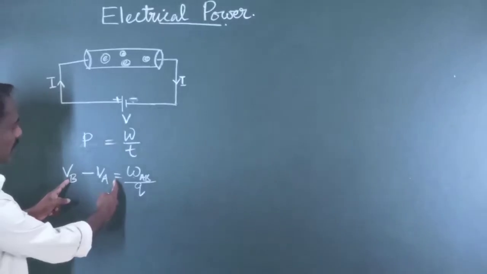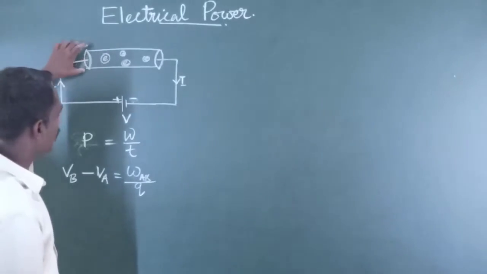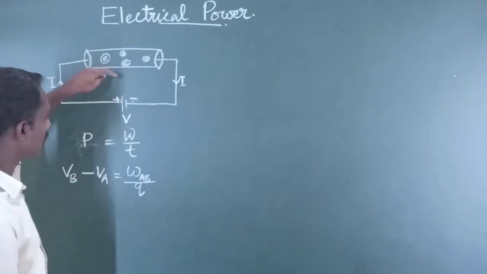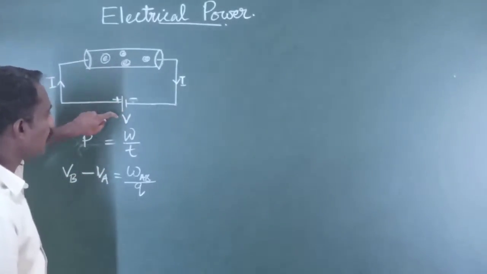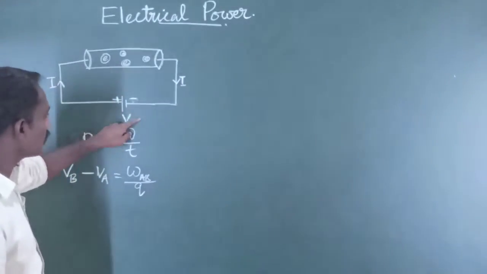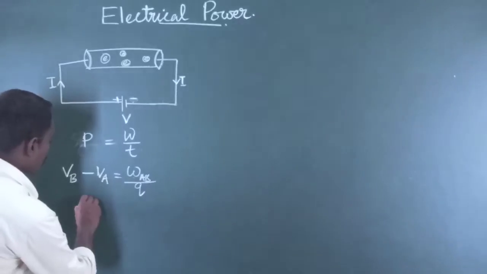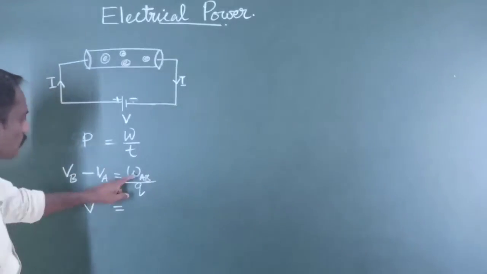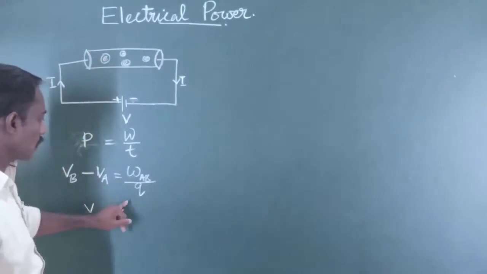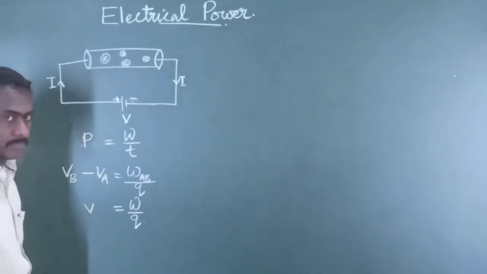Suppose this end is taken as A and this end is taken as B. Then there will be a difference in the potential at the ends A and B, and that difference is the potential applied through the battery. So the potential difference will be equal to the potential we applied across the ends of the conductor, that is V. So we can write V is equal to W divided by Q, where W is the work done across these two ends when the electrons move, and Q is the total charge moved.